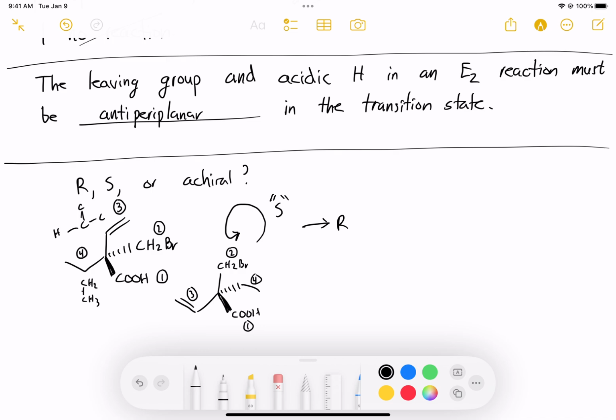Okay. Yeah, I don't think I got the substituents wrong, but if I did, huh? Yeah, that's 1, 2, 3. Huh. Interesting.